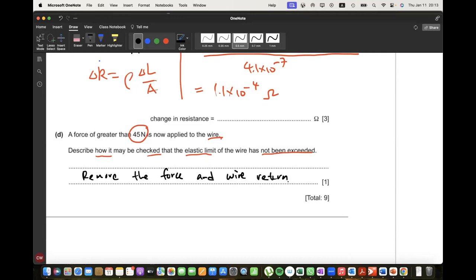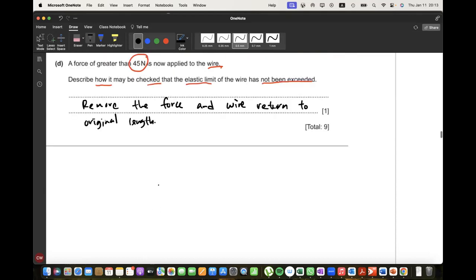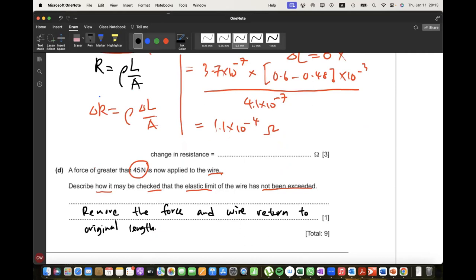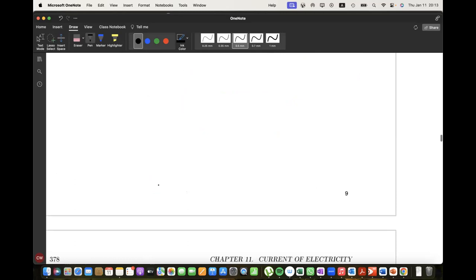Then this is called elastic deformation. It doesn't return, then it is no longer elastic. Okay or not? You understand? So it's just like that.